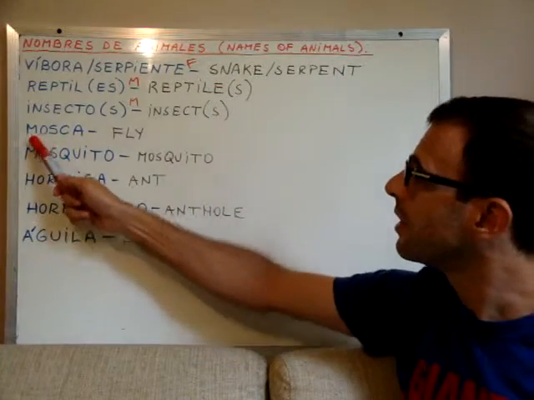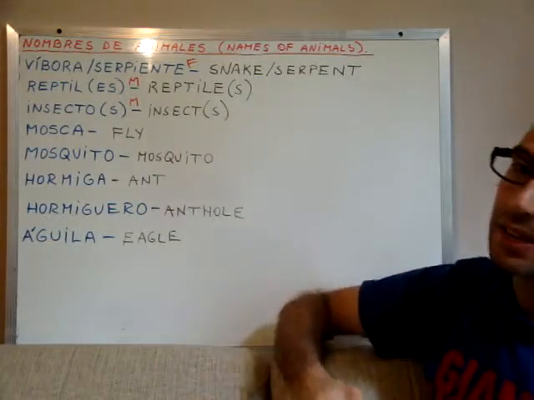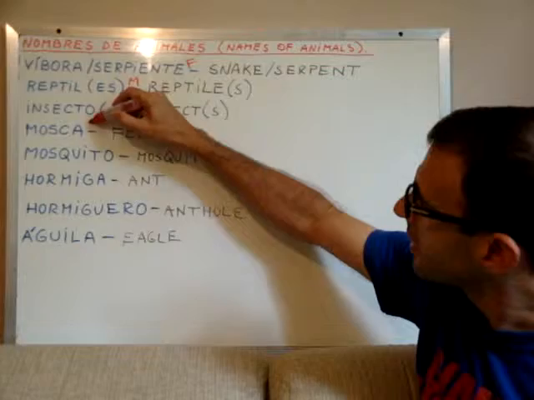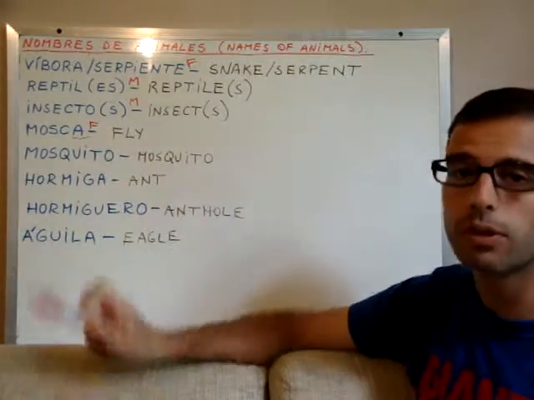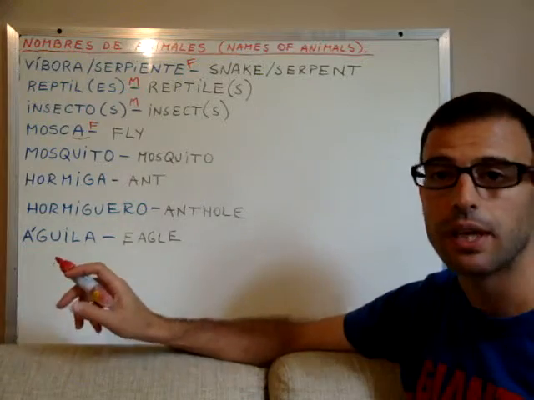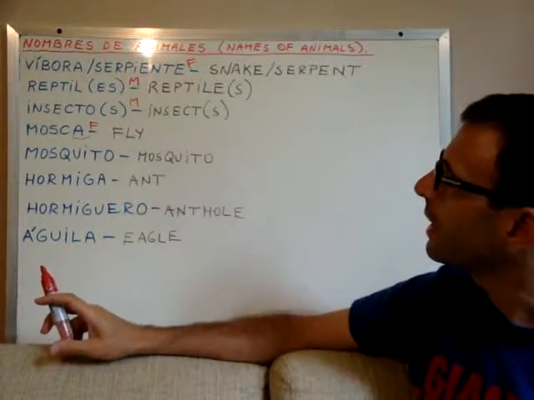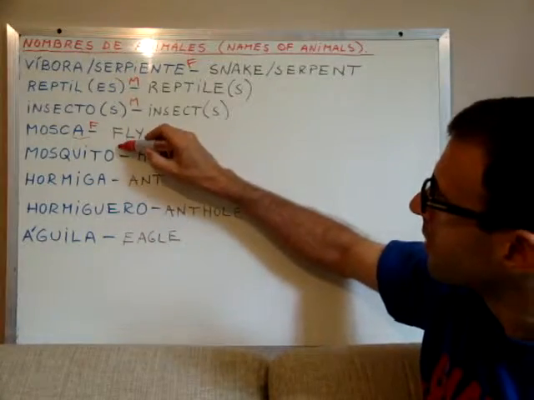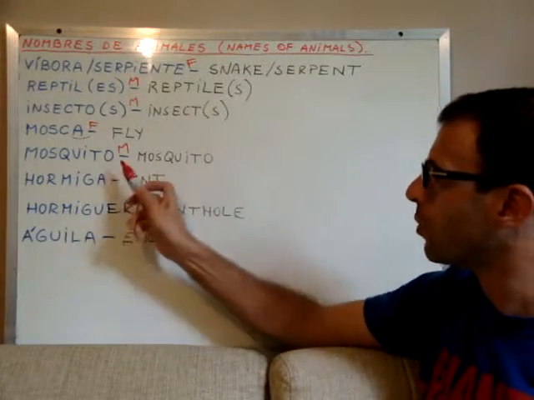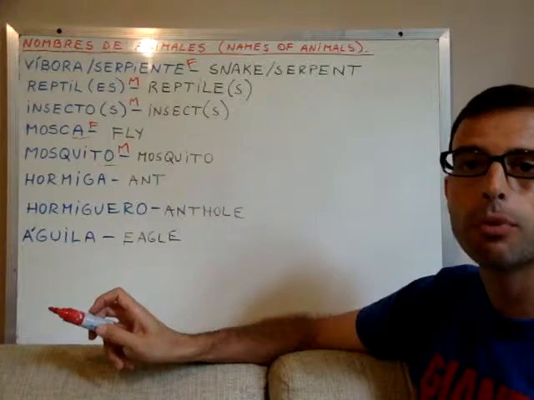The flies. These are mosca. It's la mosca. It's easy to say because you see that mosca ends with an A, so it has to be a feminine noun. Mosquito is el mosquito, so it is masculine. It ends in O. El mosquito.